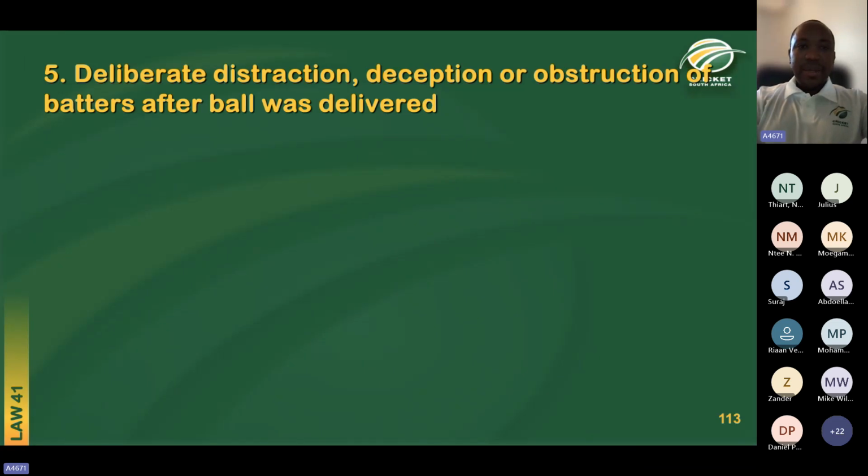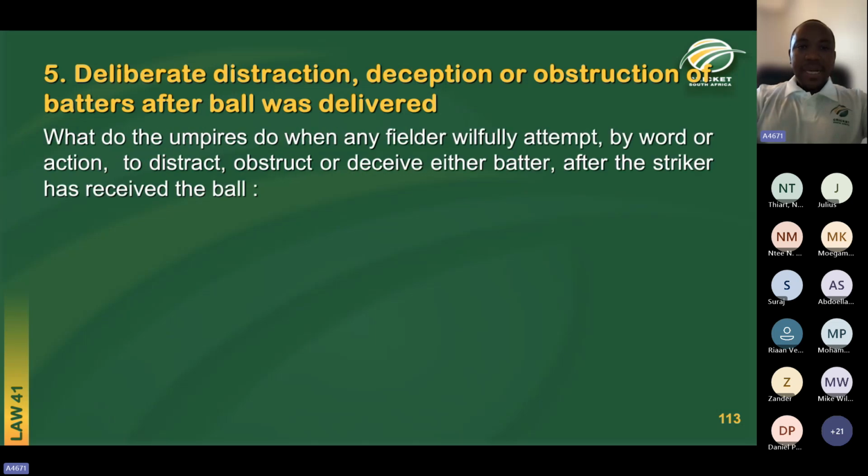So first we look at deliberate distraction, deception, or obstruction of batters after the ball was delivered. This is subsection 41.5 in the law book.